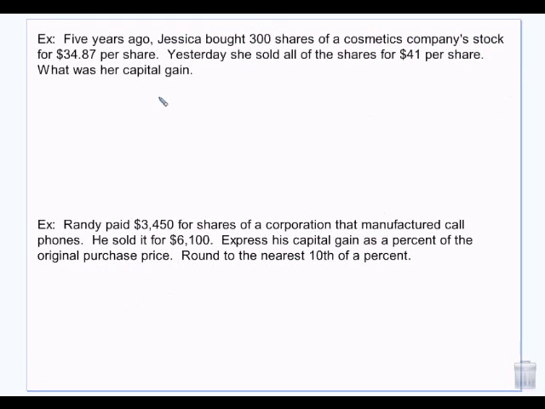Five years ago, Jessica bought 300 shares of the cosmetic company stock, and she bought it for $34.87 per share. And yesterday, she sold all of the shares for $41 per share. Now, we want to know what her capital gain is. There's two ways you can do this. You can do it the hard way or the easy way. Which way do you want to do it? Okay. I'm going to take that $41 and subtract $34.87 from it.